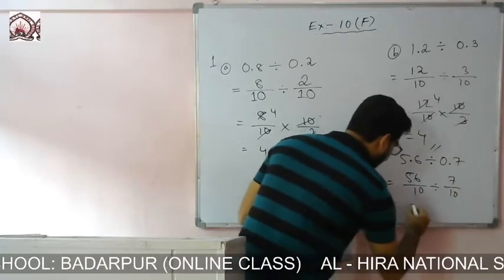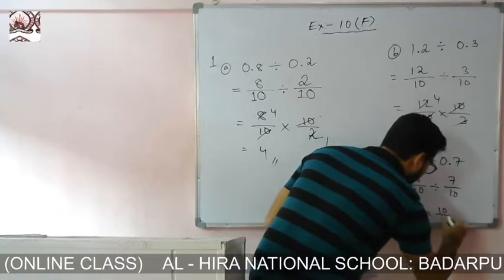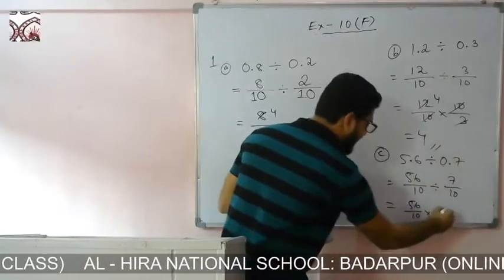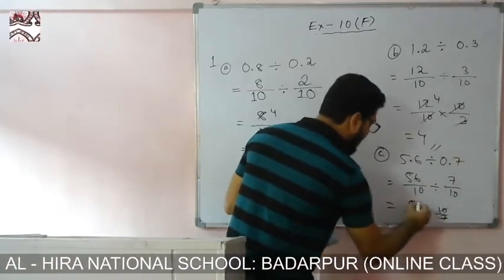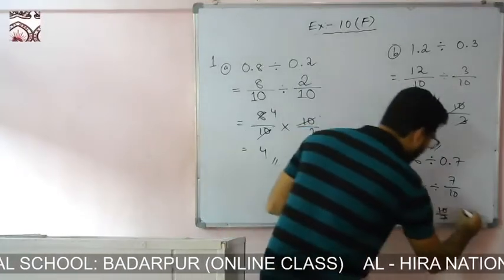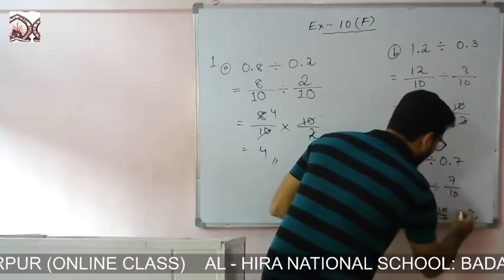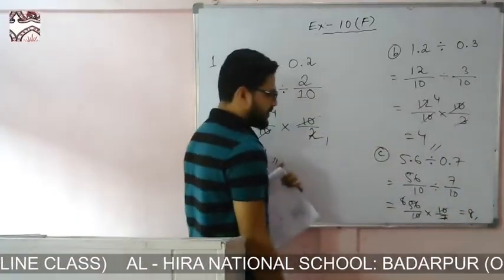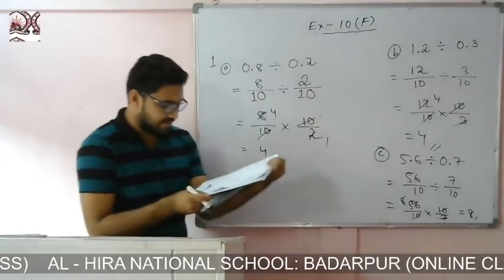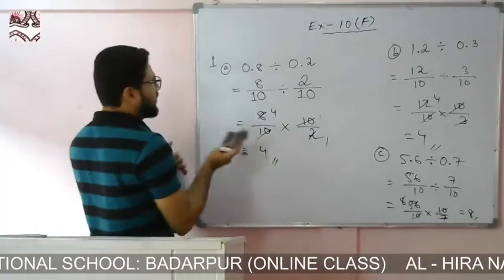Now you interchange, then 56 by 10 into 10 by 7. So you can cancel 10, 10, then 7 1s are 7, 7 8s are 56. So what you got? 8. So you write equals to 8. Okay, so that is the answer of the first question.